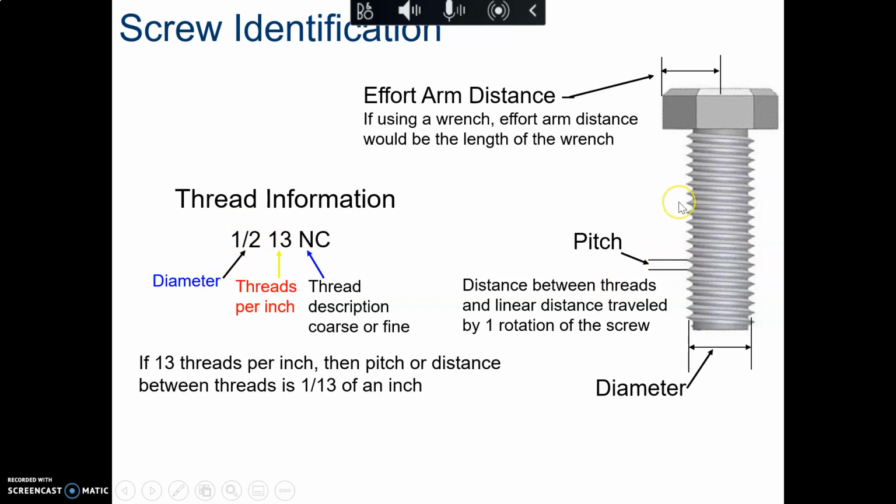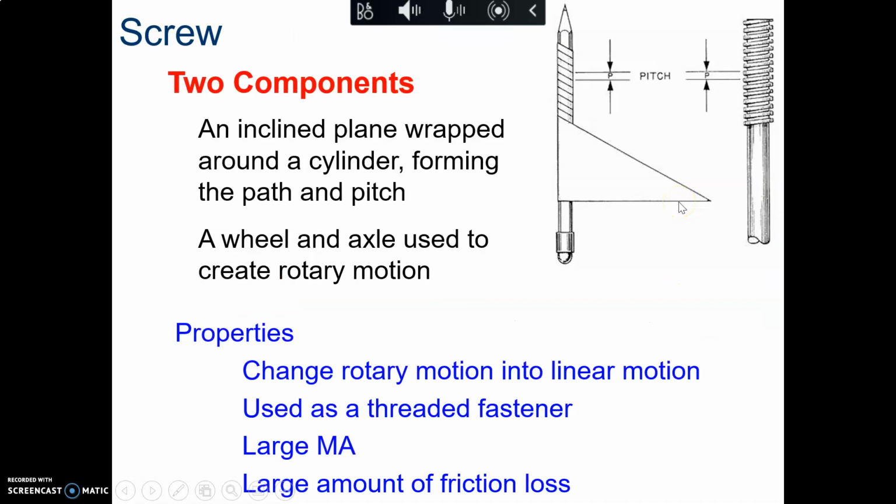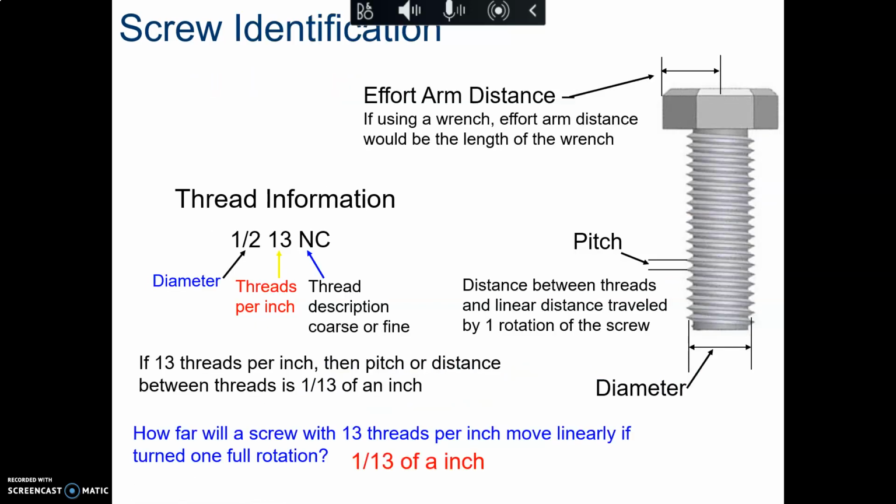So threads per inch is I think shown, nope, not, I thought there's a better visual. So threads per inch, just picture a distance from say the bottom to this line is 1 inch, and that's saying 13. So if we had 13, 1 inch here to scale, it'd actually be 1, 2, 3, 4, 5, 6, 7, 8, 9, 10, 11, 12, 13.